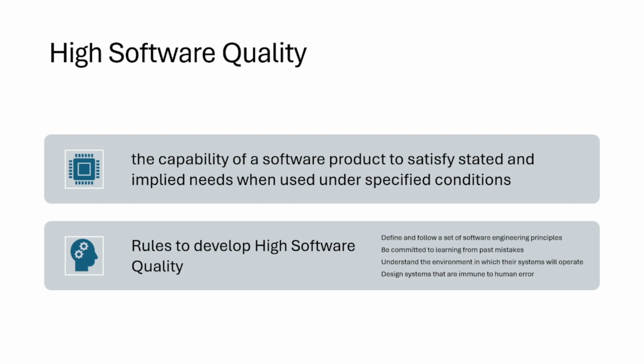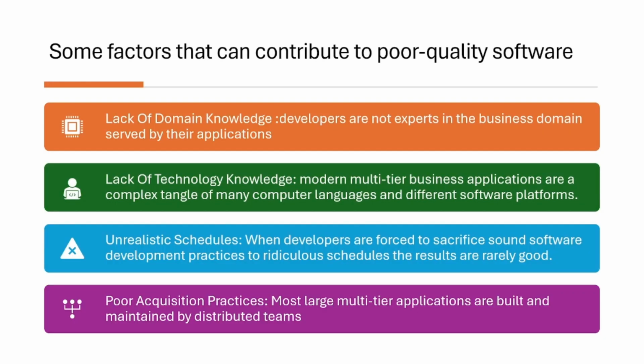We have some factors that contribute to poor quality software. The software becomes very poor when it does not meet these aspects. So if the software is not reliable, there is no reliability in the software. Bad performance, no scalability, no maintainability, no security.